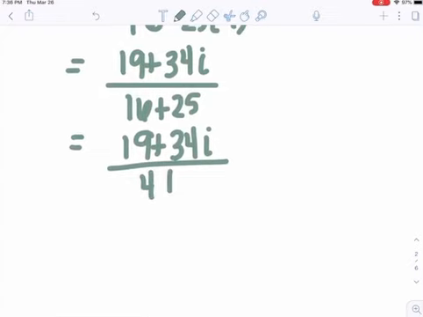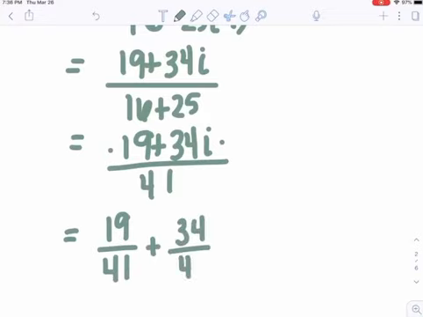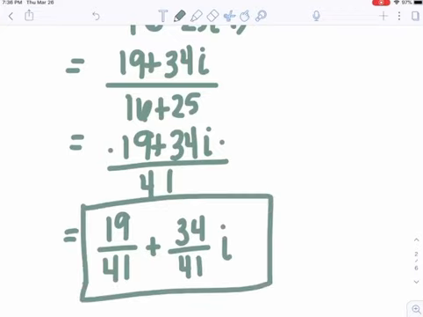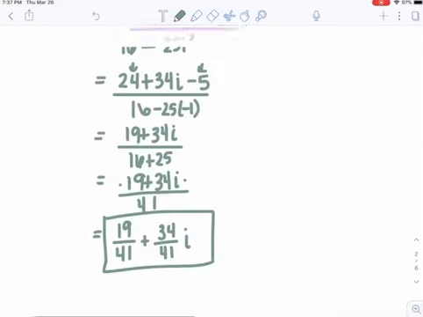But we want to write this as a complex number. Okay, and to do that, I'm going to separate my real number from my imaginary number. And what I'm going to do is split this up into 19 over 41 plus 34 over 41i. And there we have it. That's my final answer right there.